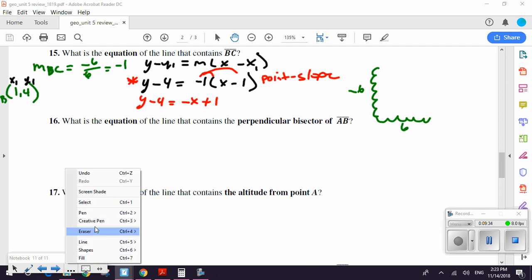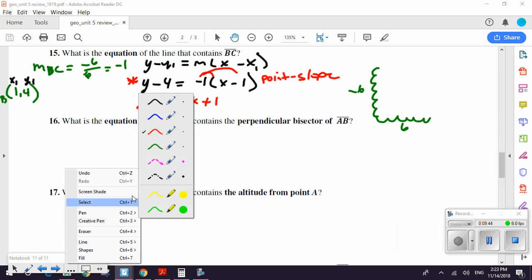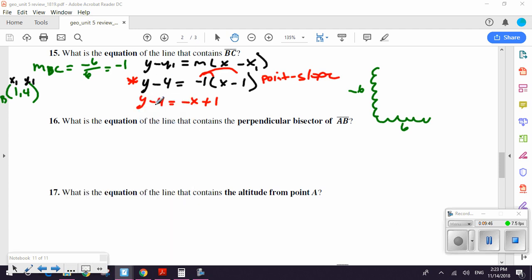To put it in slope intercept form, which you're most commonly used to, y equals mx plus b, you need to move the minus 4 to the other side by adding 4. So it would be y equals negative x plus 5. So this is slope intercept form.